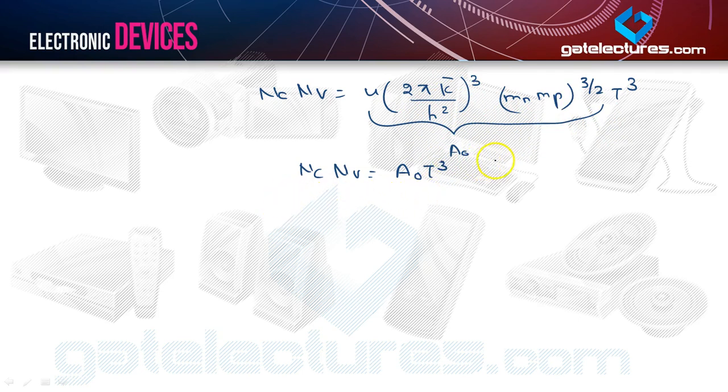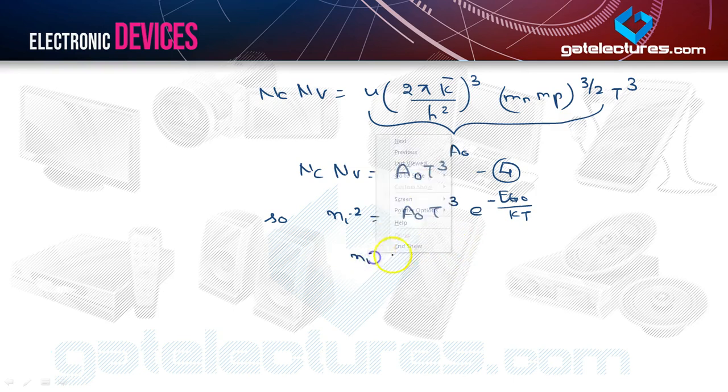So if we plug these values into the Ni square expression, we get Ni square equal to A naught T cube e to the power minus Eg naught upon kT, and Ni is equal to the square root of A naught, T to the power 3 by 2 e to the power minus Eg naught upon 2kT.